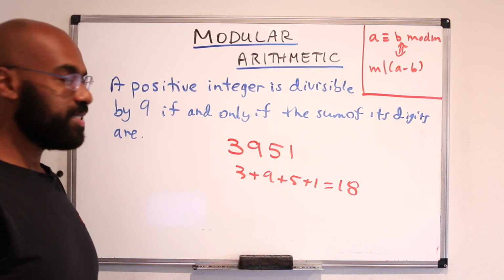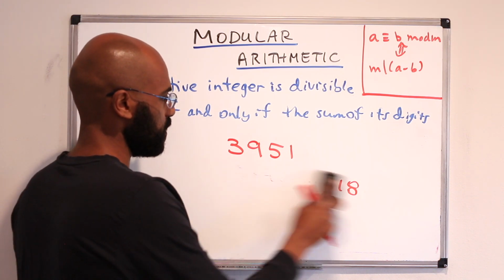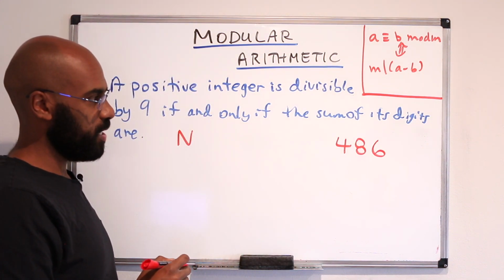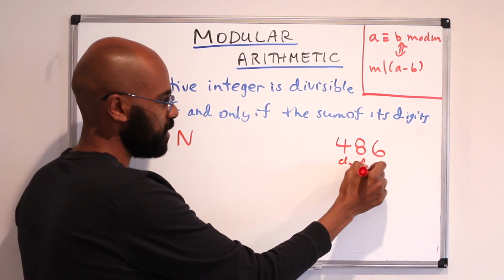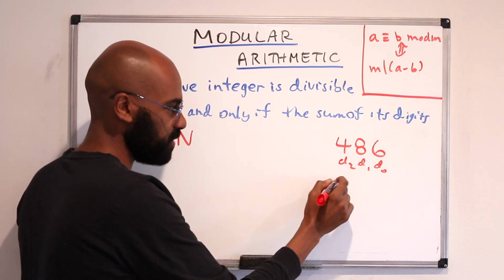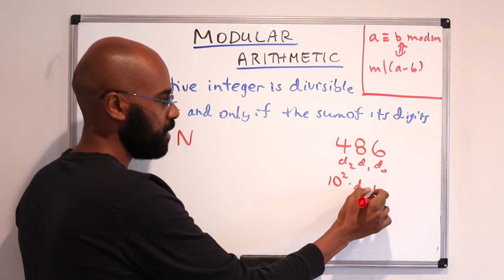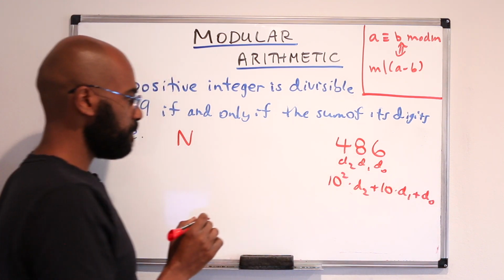So what I want to do is investigate why this rule actually works using our modular arithmetic. For example, let's say our number was just randomly chosen to be 486. Now 486, we have 3 digits, d2, d1, d0. But the actual number itself is not the product of these. It's 10 squared times d2, plus 10 times d1, plus d0.